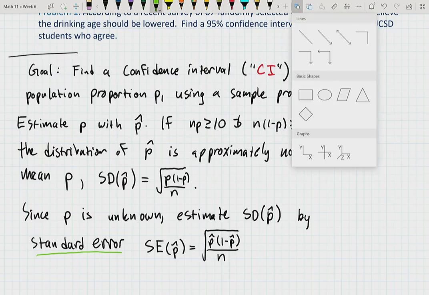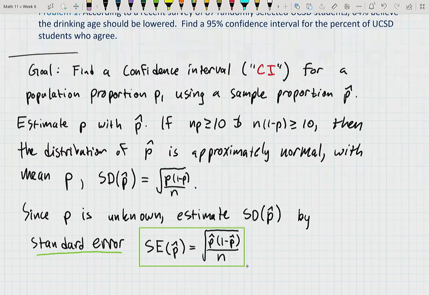That is something that we're going to have to repeatedly make use of today. It's always an estimate of the standard deviation. Cool.